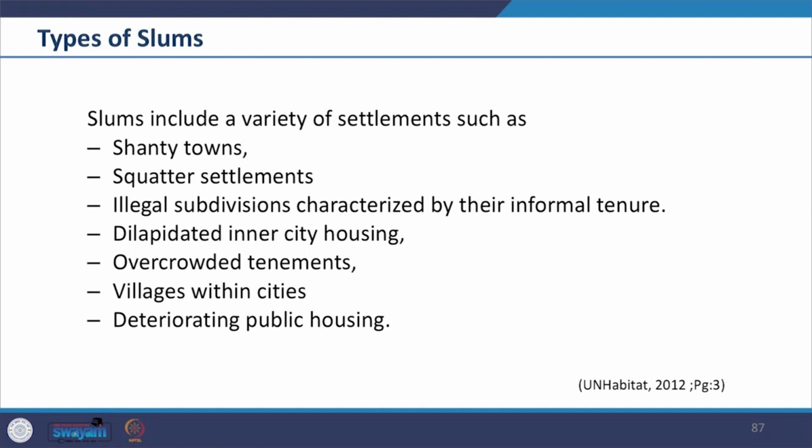So, we see shanty towns, squatter settlements and illegal subdivision characterized by their informal tenure. They also include dilapidated inner city housing, overcrowded tenements, villages within the cities and deteriorating public houses. So, all those variety you can see when you look for the slums.